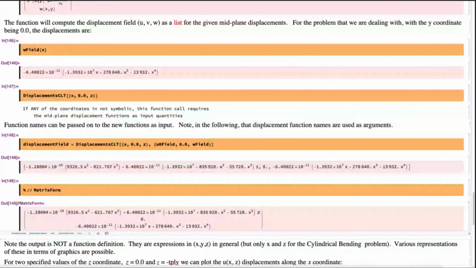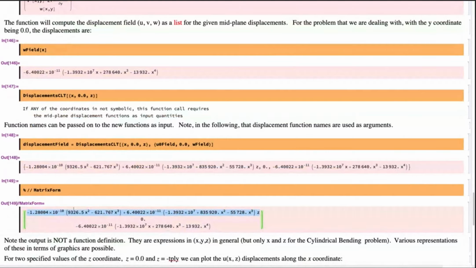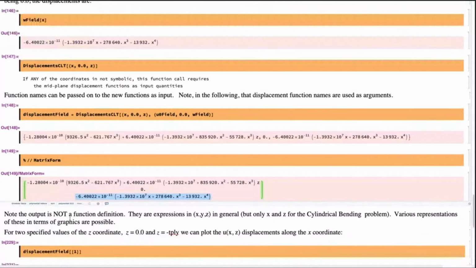This is the U displacement field. This is the V displacement field, which is 0. And this is the W displacement field, which is not a function of Z, only a function of X. Okay?